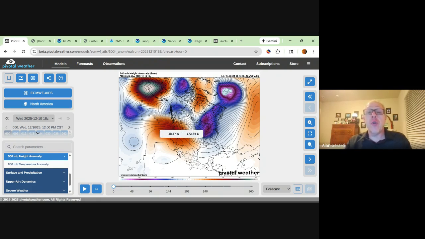And there are two features I really want to key on because, from what I can see, they're really controlling the jet stream and the flow pattern across the northern hemisphere currently. This map here is the initialization of the European AI model, so it's basically what's going on right now this evening.